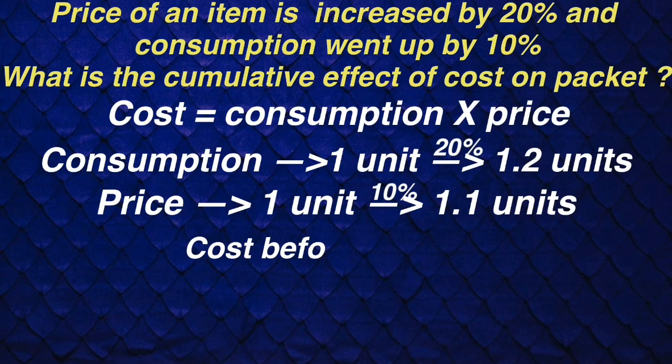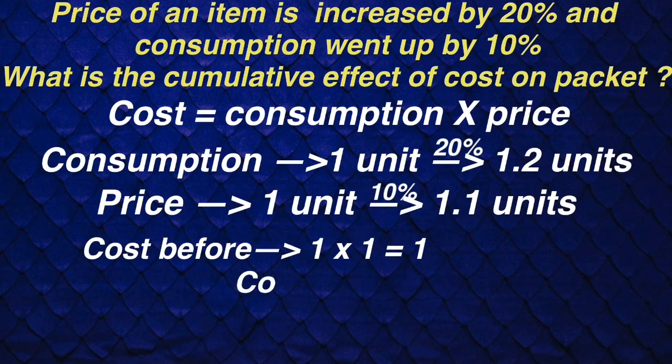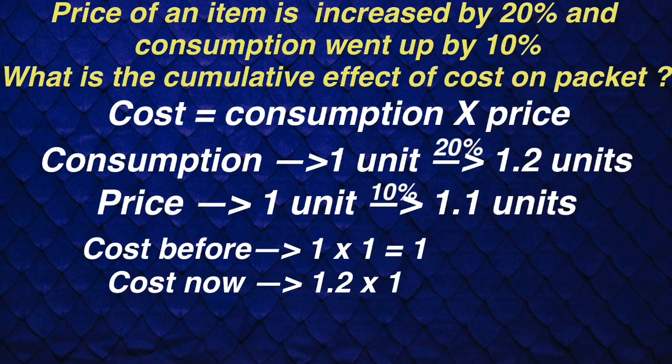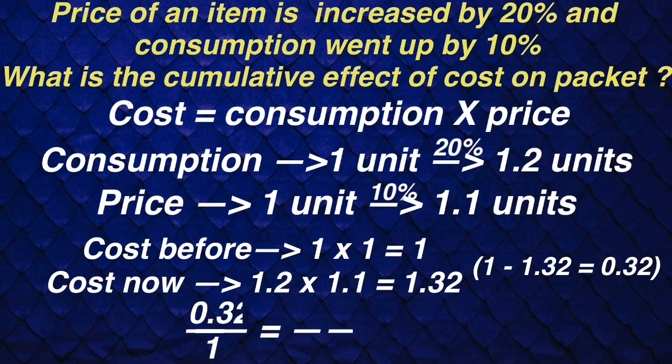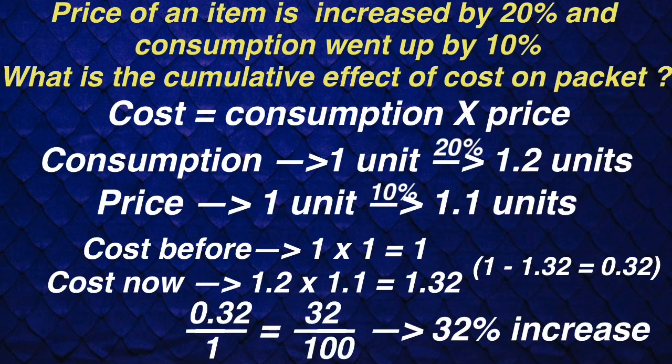Here cost before is 1 into 1, which is 1. Cost now is 1.2 into 1.1, which is 1.32. So the total cost increased from 1 to 1.32. 1.32 minus 1 is 0.32. Convert to percentage: 0.32 by 1 into 100 by 100 is 32 by 100, which is a 32% increase.